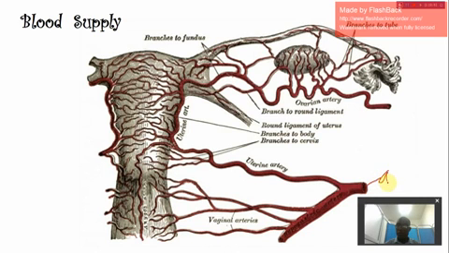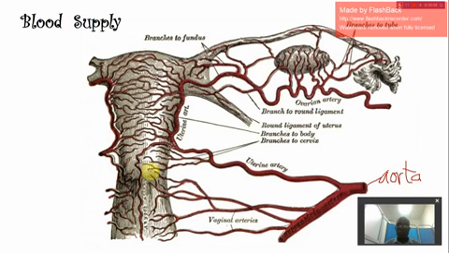From the aorta, you can see the uterine artery and the vaginal arteries.